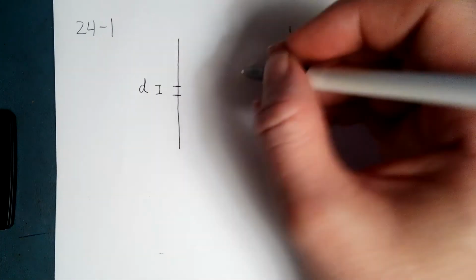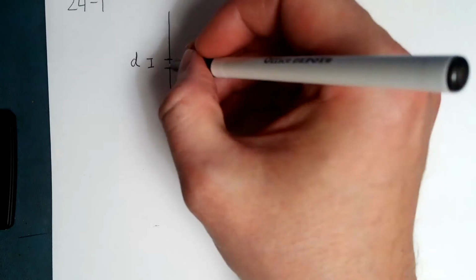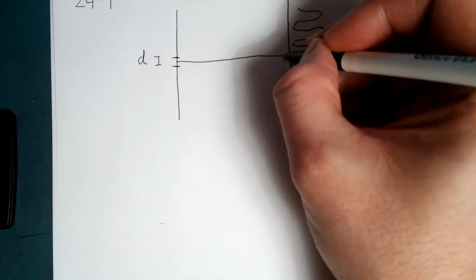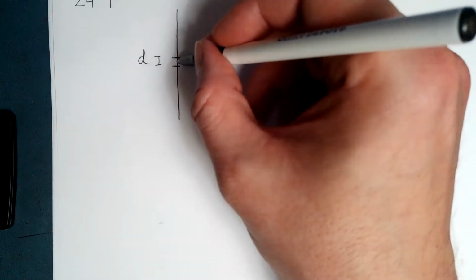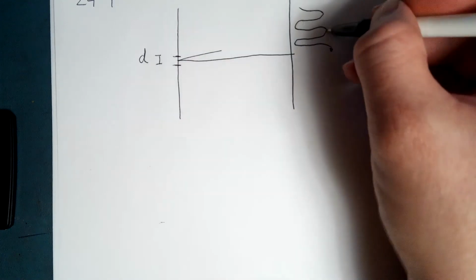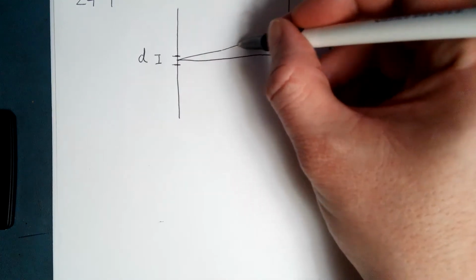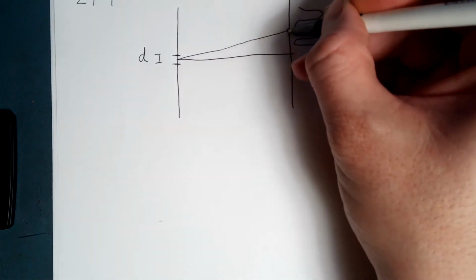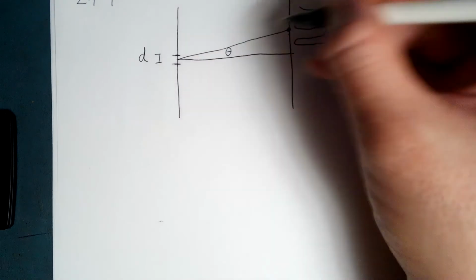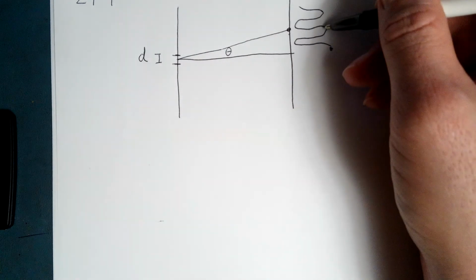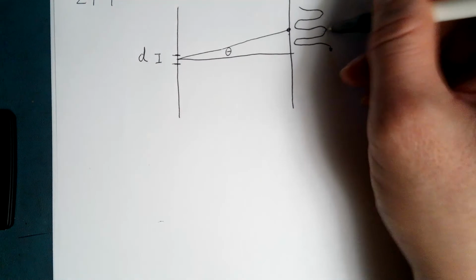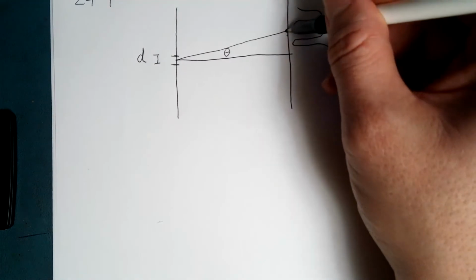Now, what this theta, I should have drawn this bigger, but if you draw a line straight across, and then you draw a line to where, now it's not going to be back here, it's going to be right on the screen where it happens, and it's not going to match up here, but this theta then will correspond to a maximum, not the minimum there. Okay.